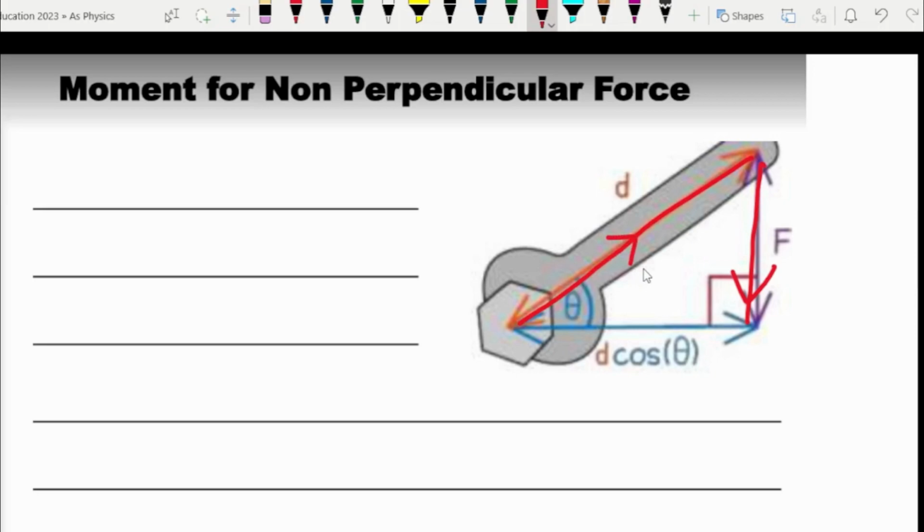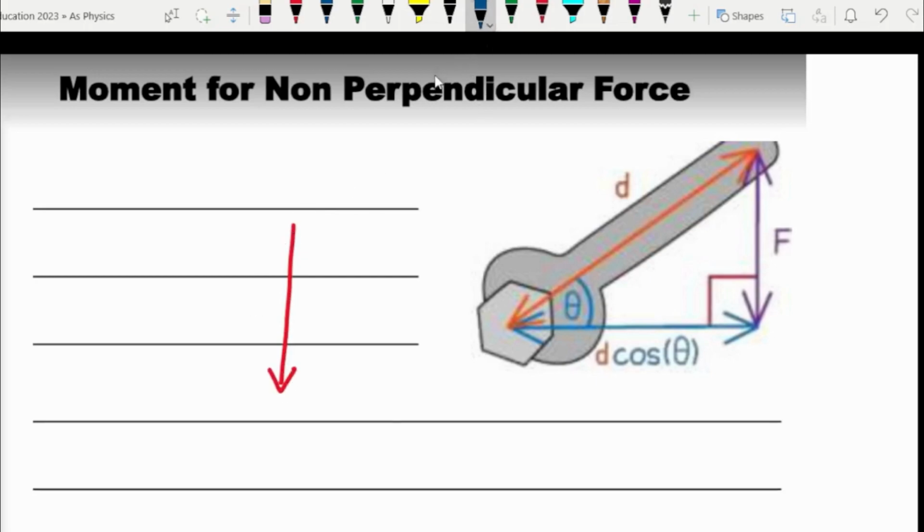So what we do is we resolve the distance or force into perpendicular components, and from those two components we'll choose the component that is perpendicular to the other thing. Now what do I mean by that? Let me explain over here. This was your force.